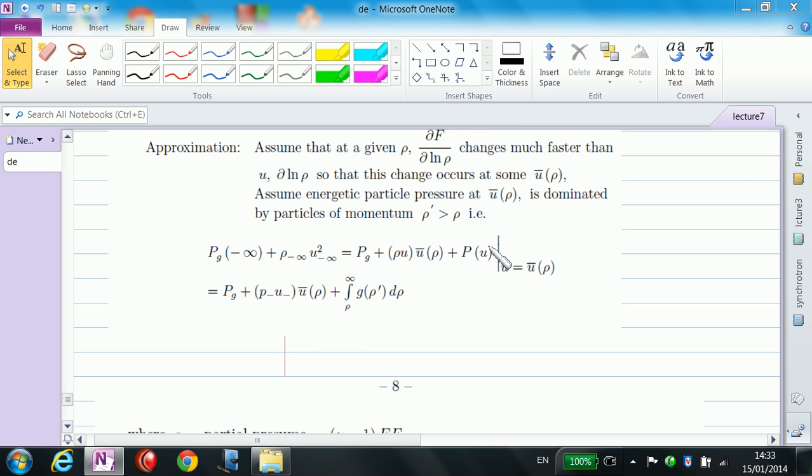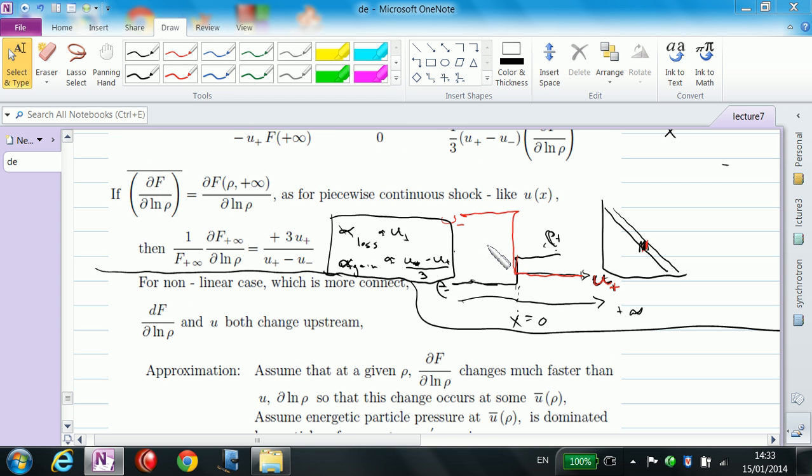A little confused? Look, you know that momentum flow is p plus rho u squared, right? And p is equal to p gas, which is equal to k times rho to the gamma.